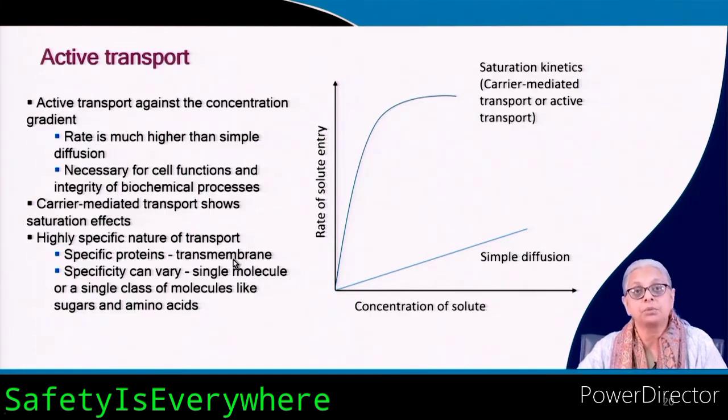These may be transmembrane proteins. And a big point over here is that each type of molecule or group of molecules has to have specific proteins. You can't have one protein doing all the work. So the cell has any number of different types of proteins which will mediate the transport of different groups of molecules or even single molecules like water.